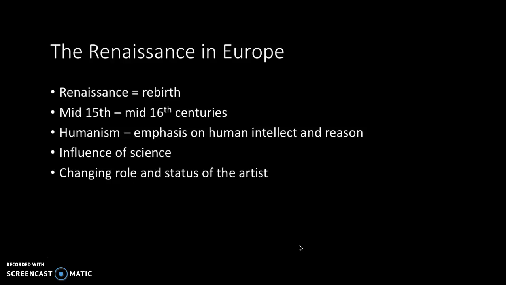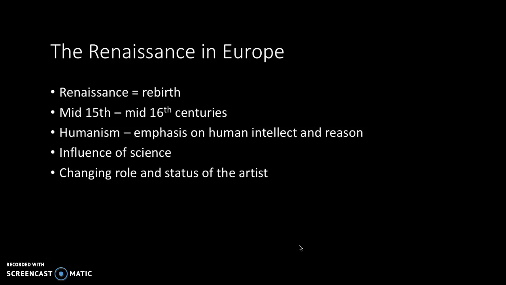They emphasized human intellect and reason over the medieval emphasis on divine powers and mysticism, and this has a huge role in the arts because instead of being thought of as mere crafts workers who worked in workshops as kind of anonymous makers, individual artists began to be celebrated as geniuses, people like Michelangelo or Leonardo.